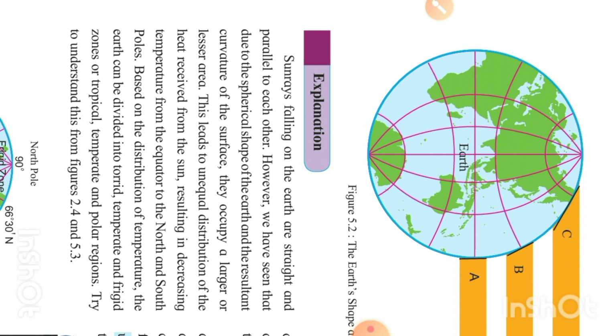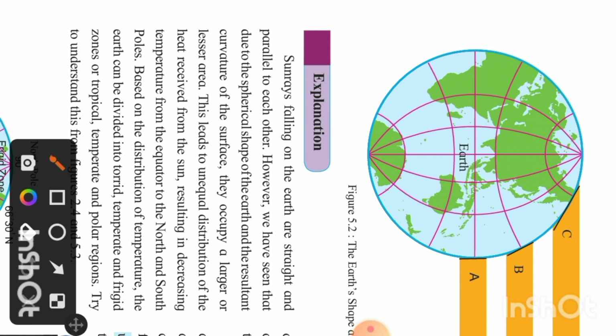It is curvature, it means it's in circle. That's the reason certain region receives a larger amount of sun rays, and certain region will receive lesser amount of sun rays.